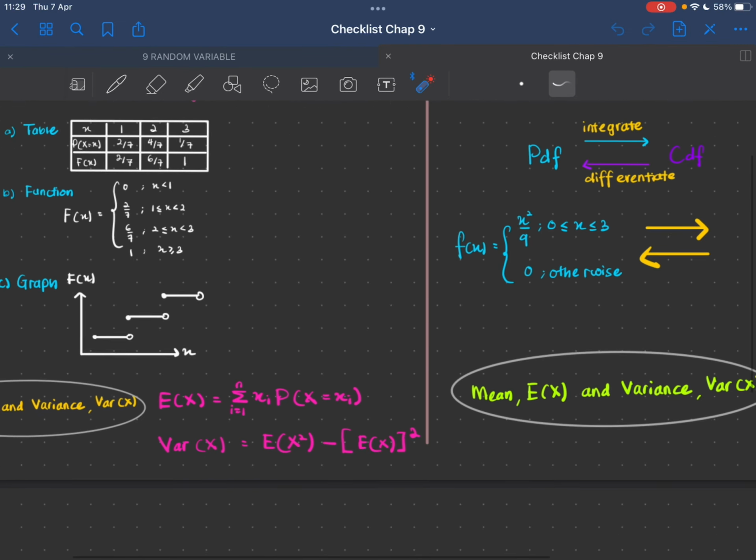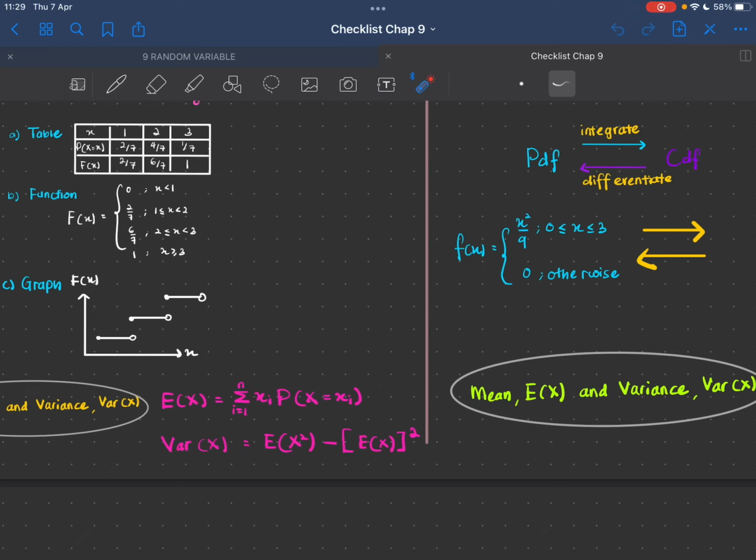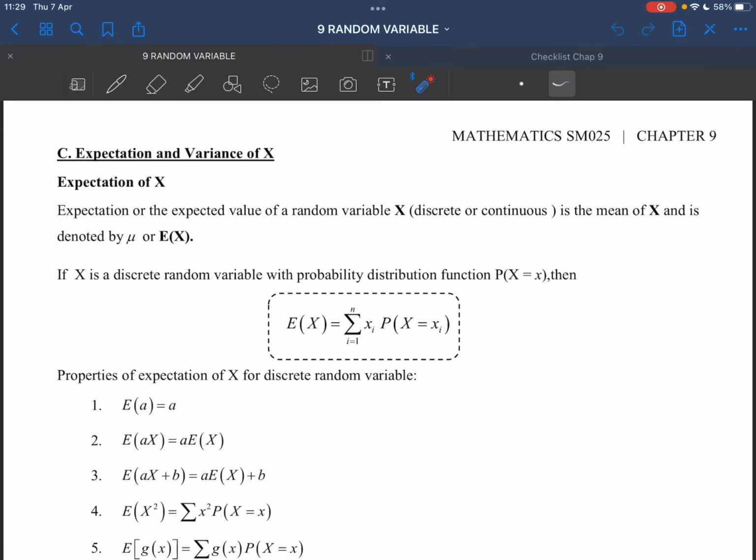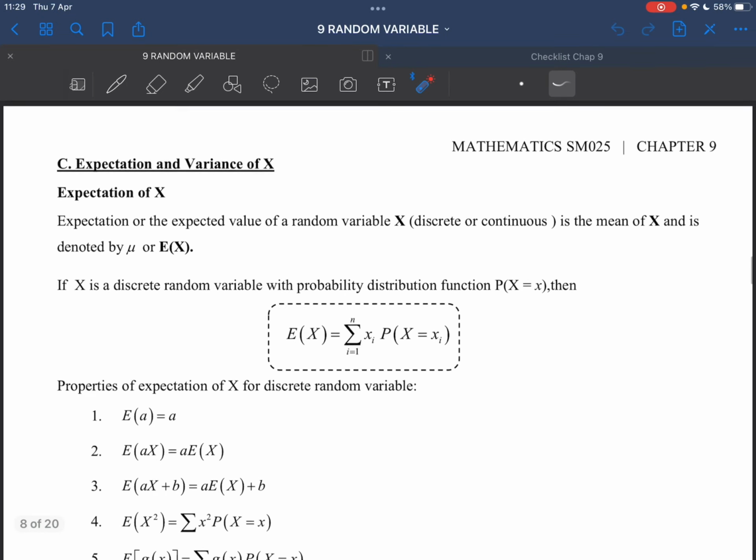So as you can see from here, we have the formula. To find the mean is the summation of X multiplied by P(X equals x), and variance is E(X squared) minus E(X) squared. It is almost the same as data description actually. So now, expectation and variance.